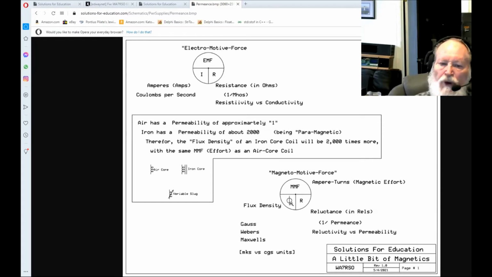But anyhow, that's the Greek letter phi, which stands for flux density. Now, up in here, there's an effort to create flux. It's like voltage. There's so many volts, but down here, there's so much effort, magnetic effort. Now, depending on how much reluctance there is, you'll have a certain amount of flux density. And that's the way to describe it.